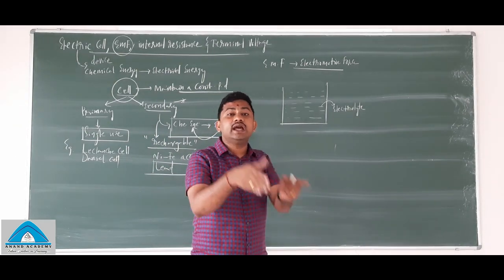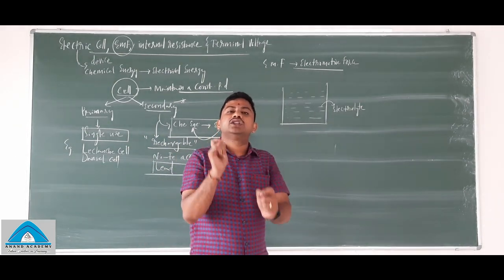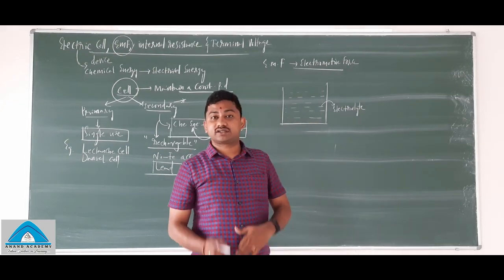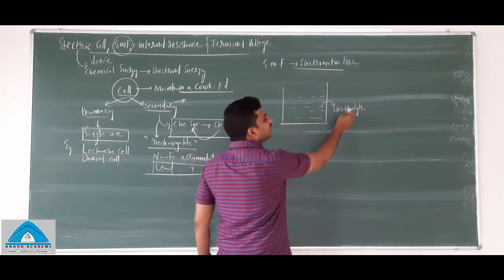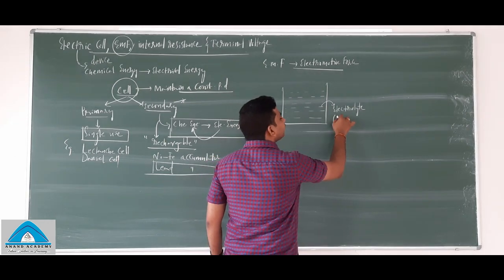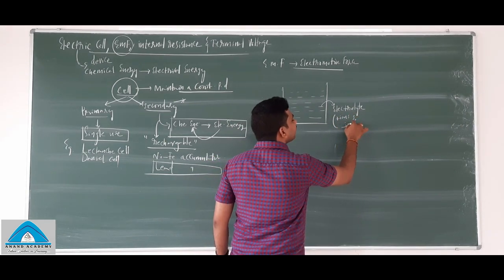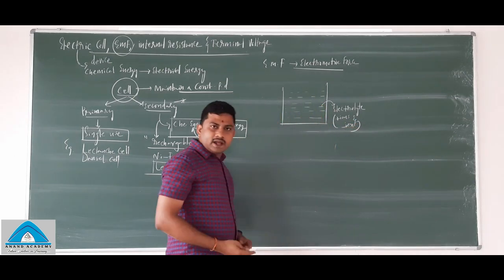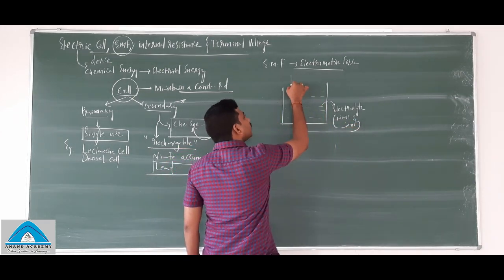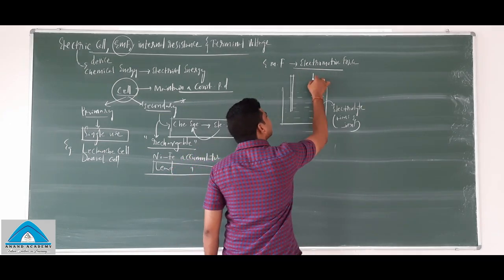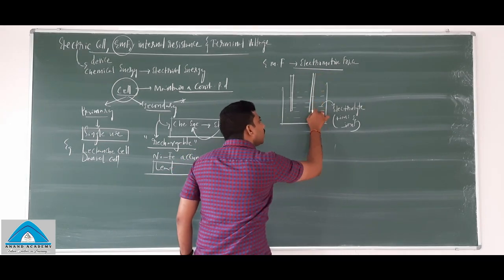Okay, cations and anions. Anions are the negatively charged ions, and cations are the positively charged ions. So this is the electrolyte, which will have positive ions and negative ions. Now, there will be two electrodes I am keeping here, right? Electrodes are the conducting rods.